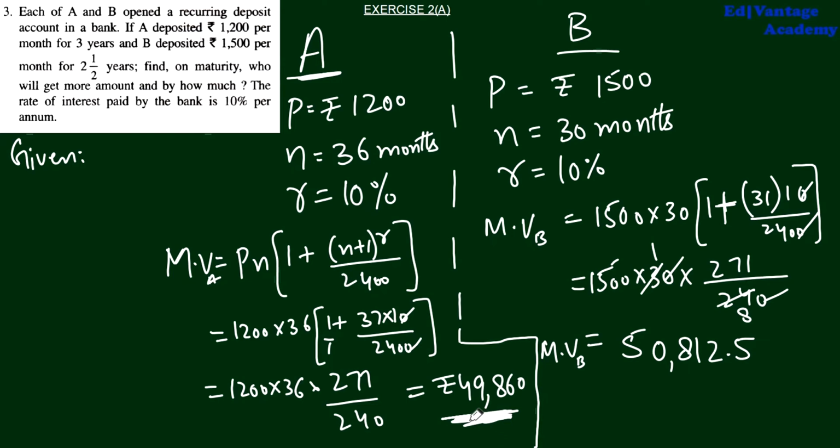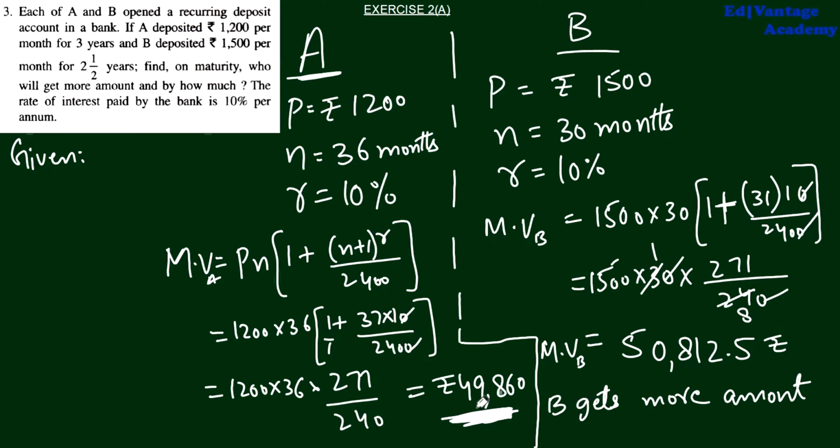So who has got more? Definitely, if you see, A got 49,860 and B got 50,812.5 rupees. So B gets more amount, right? And by how much?